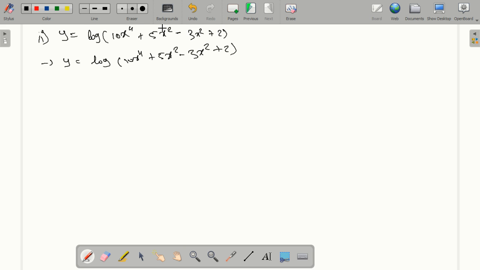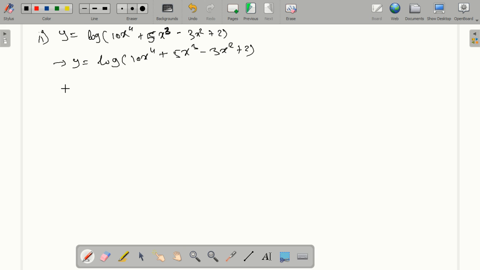Sorry, instead of 5x square, it's 5x cube. So I'm just going to write it again.